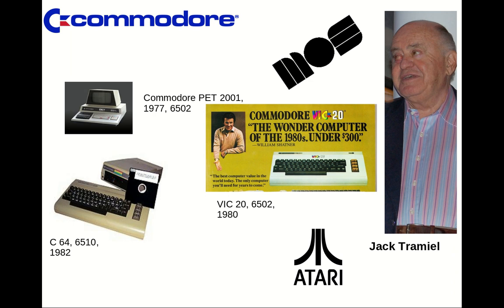So Jack Tramiel was extremely successful with his company. He became one of the big players. Unfortunately, he got in a fight with his investors and he later switched to Atari, and Atari at that time was also under trouble because they were initially a game console company, and game consoles had a big crisis at that time, partly because of the home computer, microcomputer revolution.